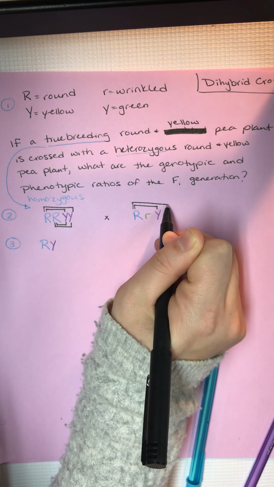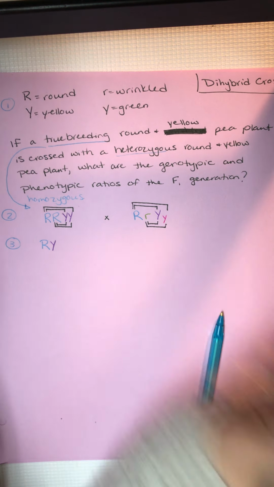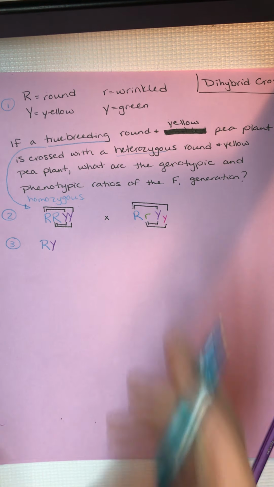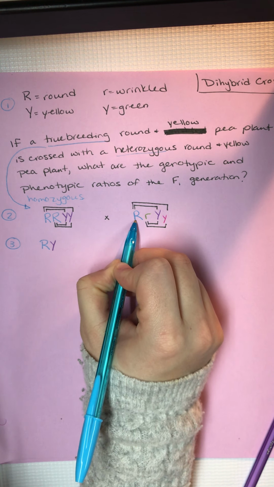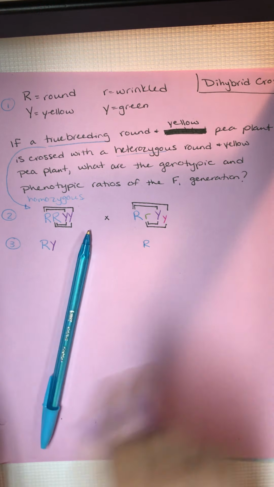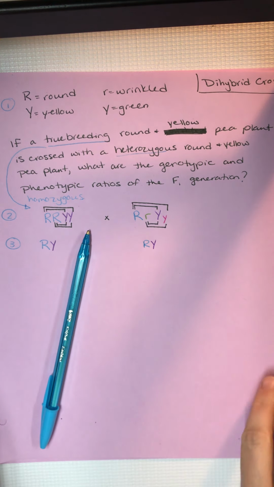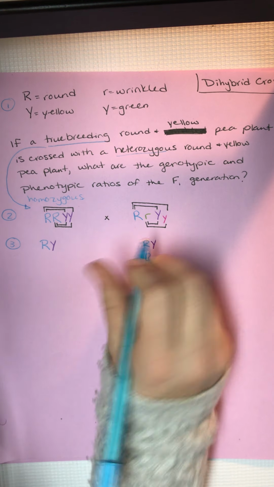Okay, so I'm comparing each of my individual alleles here. Okay, so we can have a gamete that is big R, big Y. We could have a gamete that is big R, little y.